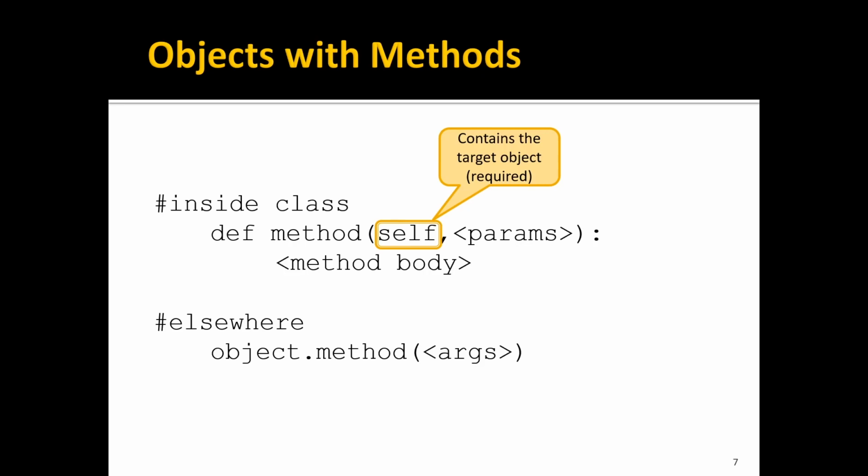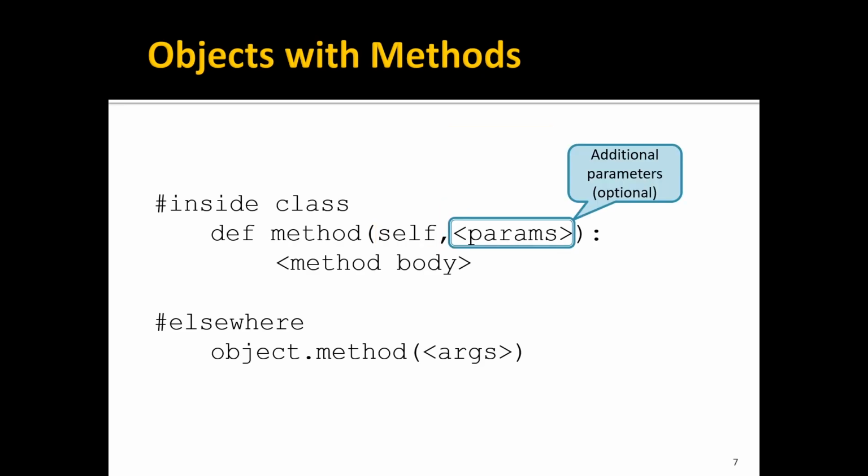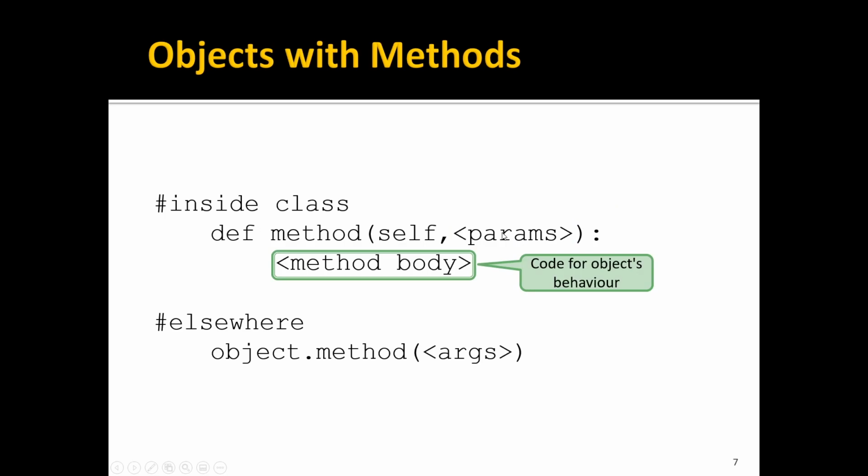This is the self parameter. Now this is going to represent the object on which this behavior is operating. So which dog is doing the barking, which list is doing the appending, okay? And then if we want, we can optionally include additional parameters. So if we want to append some specific value, it would go into these additional parameters, okay? And now the behavior inside is just specified as a bunch of instructions, same way we'd create normal code, okay?